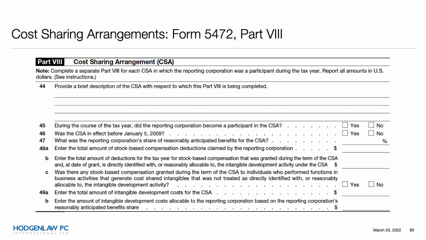We have a domestic corporation and a foreign corporation. Both of those say, we'll chip in 50% of the overhead for keeping these engineers and scientists going so they develop the product. And at the end of the job, we'll each have a 50% ownership in this technology. So that's a cost-sharing arrangement.